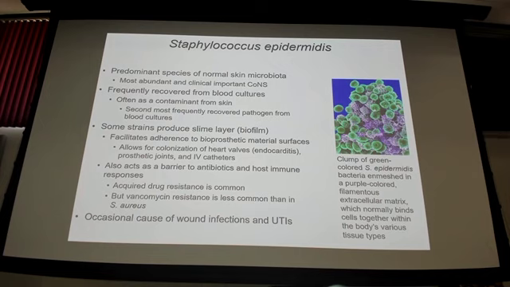The reason why is because it is colonized on your skin, so if you don't disinfect that skin area, the epidermidis is going to get into that blood specimen. So when you submit the blood culture, what's going to grow is that non-problematic commensal Staphylococcus epidermidis.